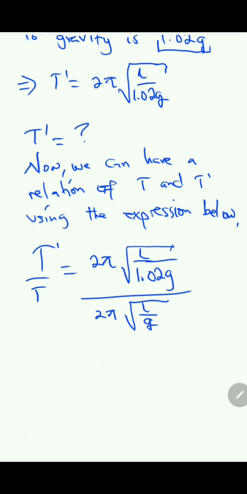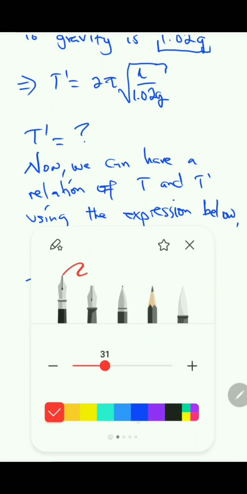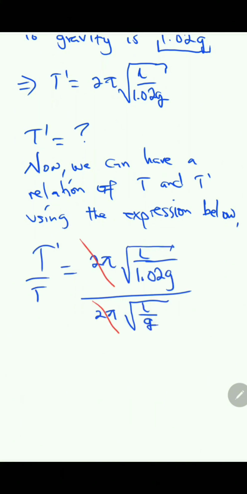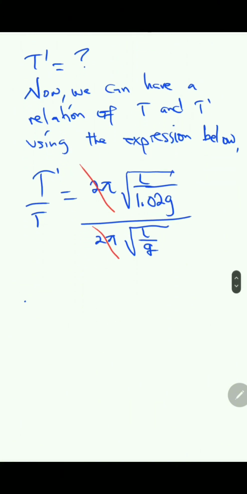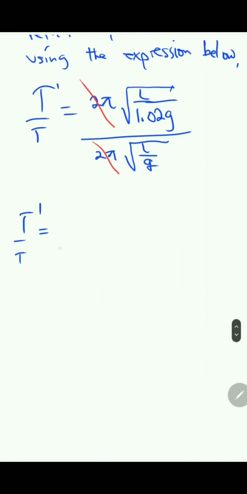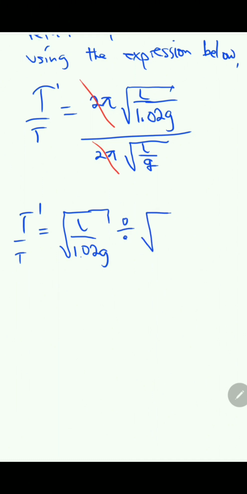Now, 2 pi will go, so we have that T prime over T will be equal to the root of L over 1.02 g, divided by the root of L over g.